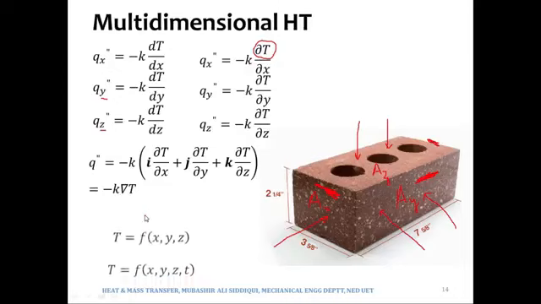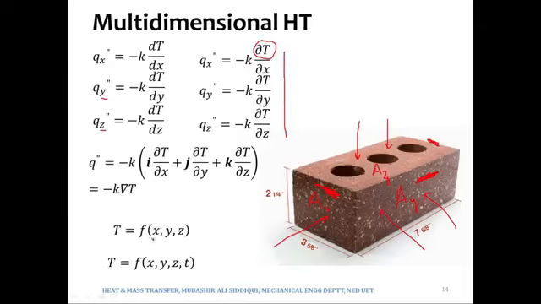So in this case we would have T as a function of x, y and z. If it is a multi-dimensional heat transfer case, T would have a different variation in x, in y and in z. So we would have an equation such as T equals 2x squared plus 3y plus 5z.